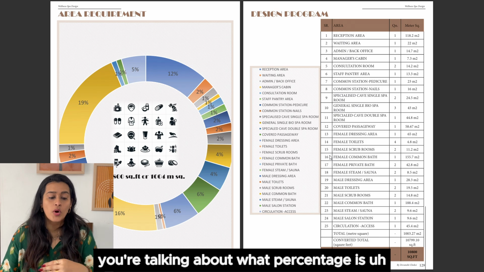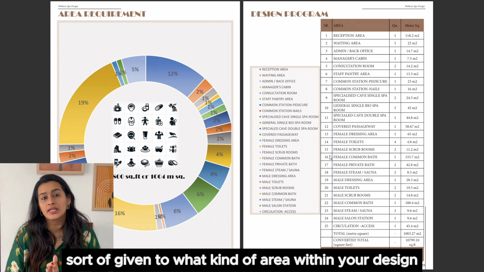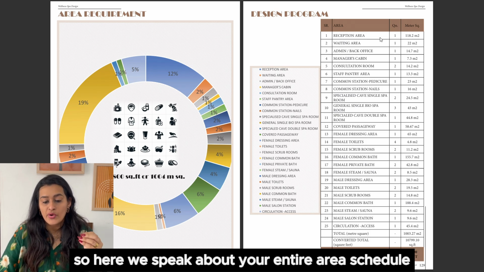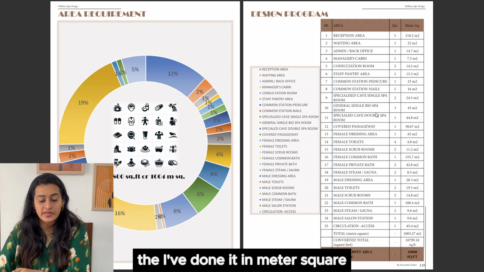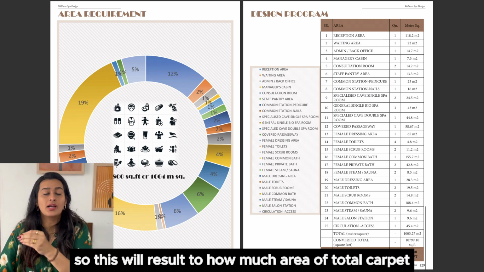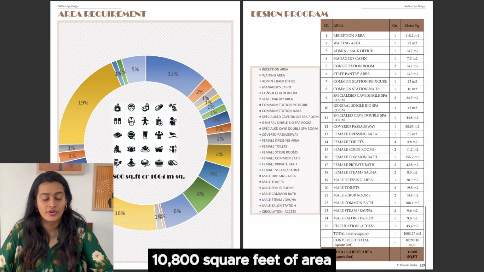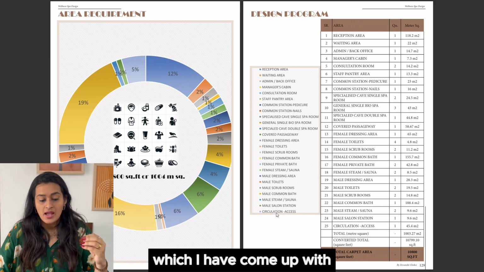You're talking about what percentage is given to what kind of area within your design. So here we speak about your entire area schedule in square footage, or in square meters. I've done it in square meters. So this results in the total carpet area of the design, where I have taken 10,800 square feet of area, and these are the different areas which I have come up with.